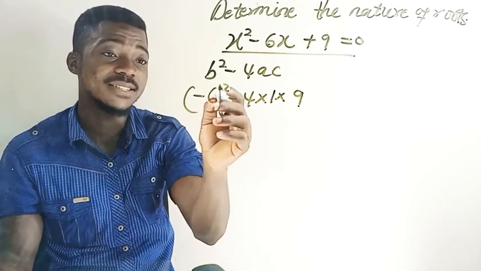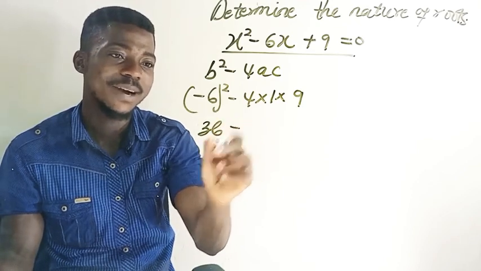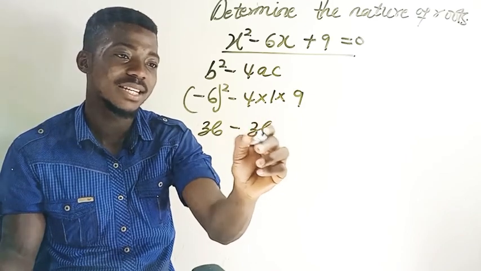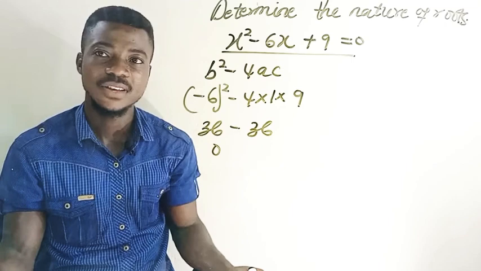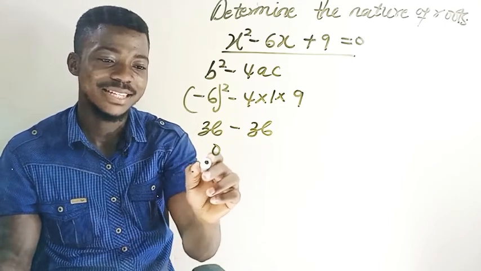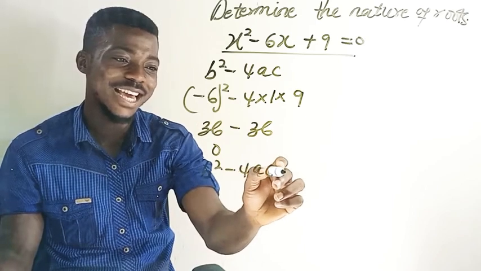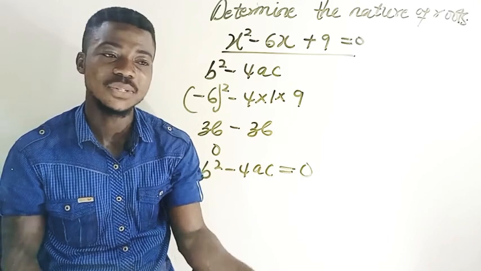So negative 6 squared gives us 36, minus 4 times 1 times 9, which also gives us 36. 36 minus 36 is 0. That means that the discriminant of the equation is equal to 0.